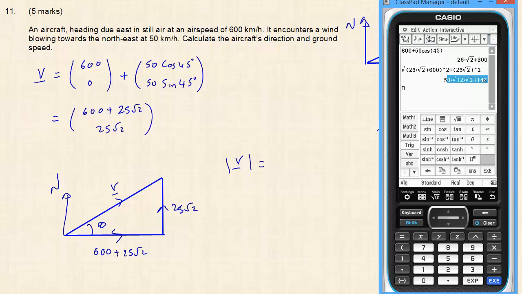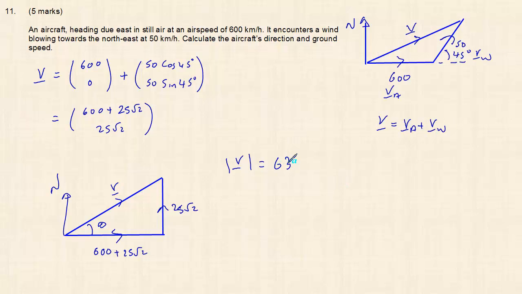So that gives me this. I should go into decimal mode. It's okay, I can just convert. So that's 636.3 kilometers per hour.